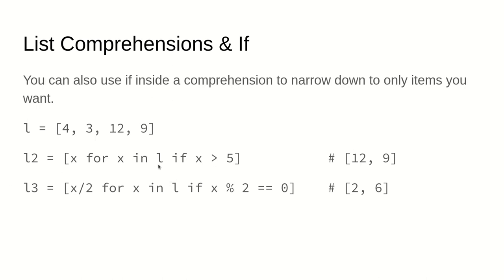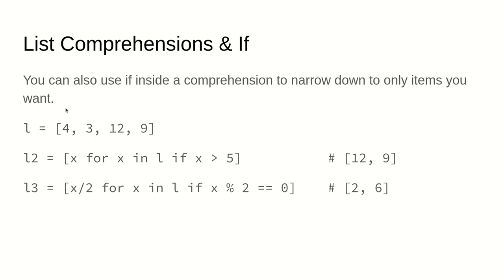So I'm taking L, 4, 3, 12, and 9. I'm going to go through each x in L, but I might throw some of them out. So x becomes 4. I see that 4 mod 2 is equal to 0. In other words, 4 is an even number. And I do 4 divided by 2. That's why the first item in my new list is 2.